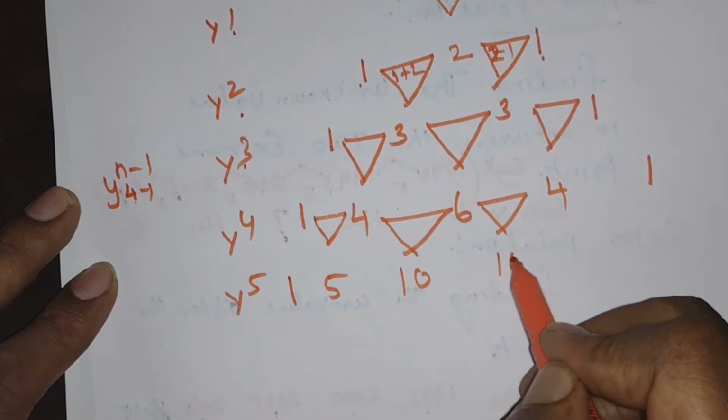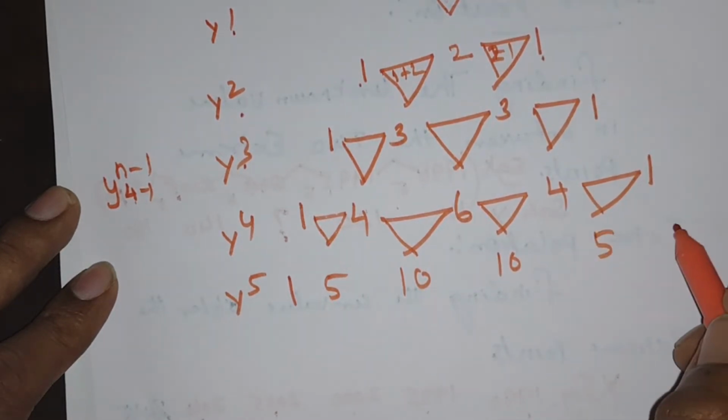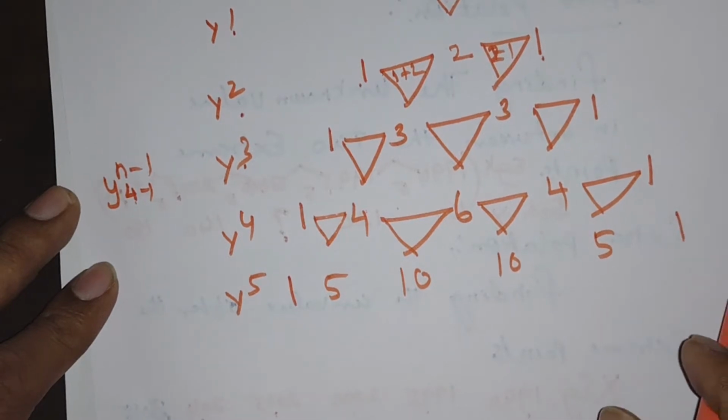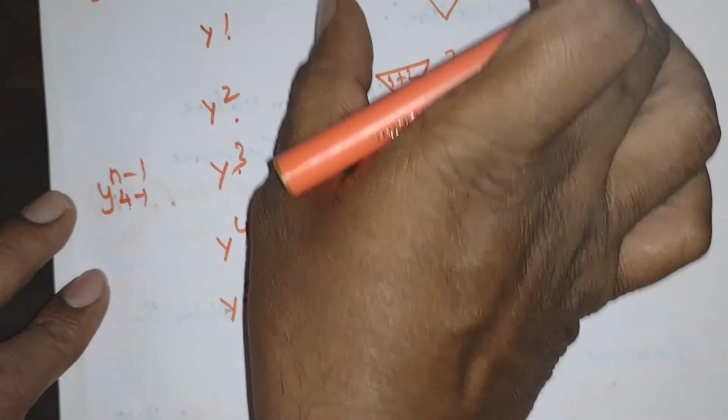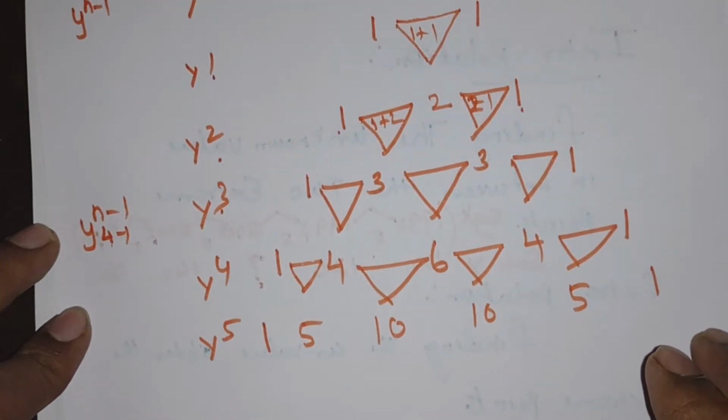Again 6 plus 4, 10. 4 plus 1, 5. At last it is going to be 1. Since this chart, we call it the binomial expansion table. Based on this idea only we are going to do the problem.